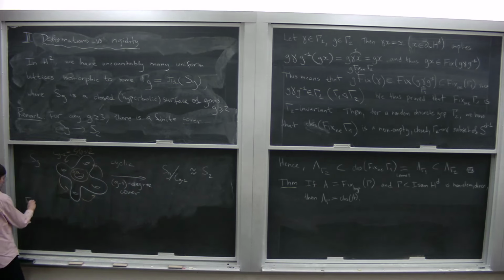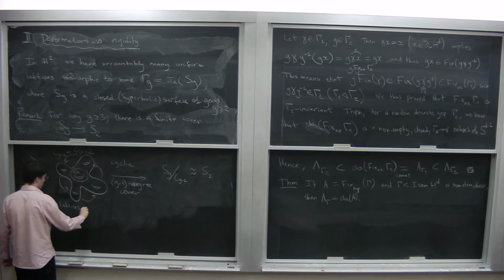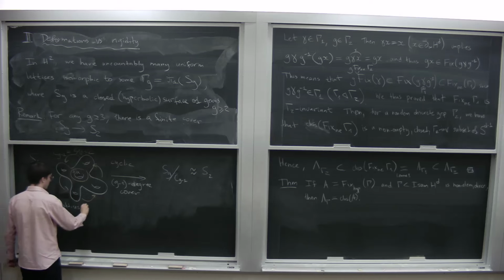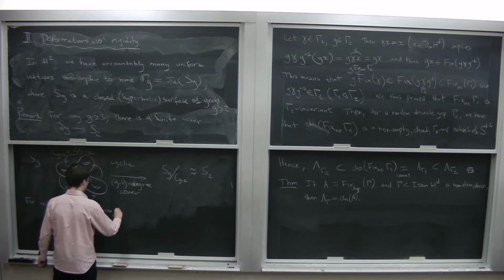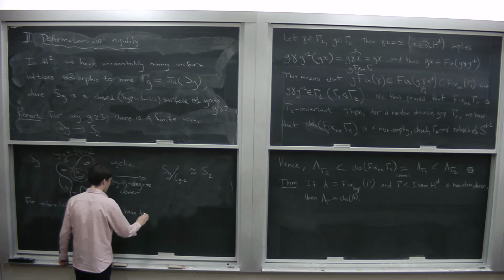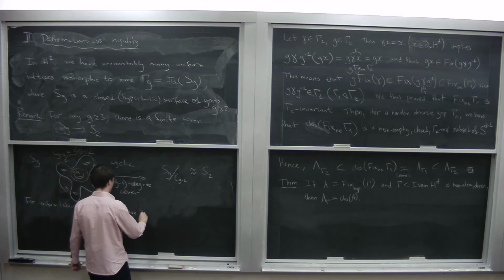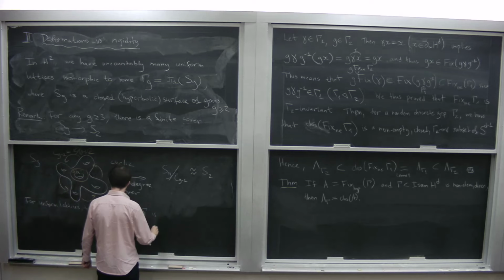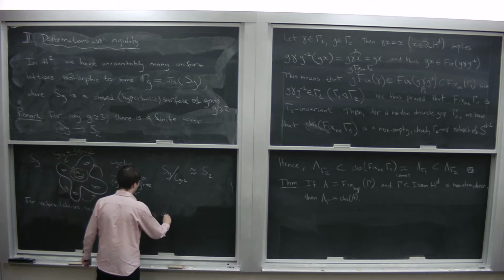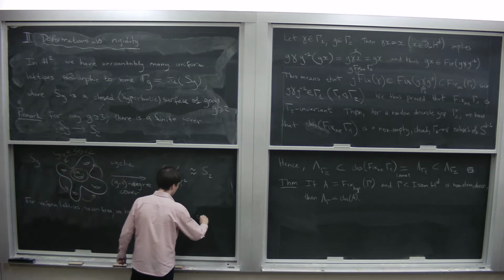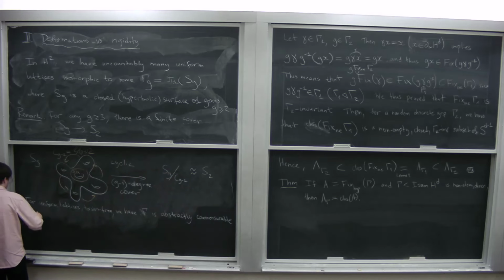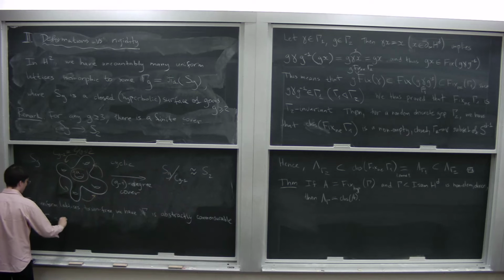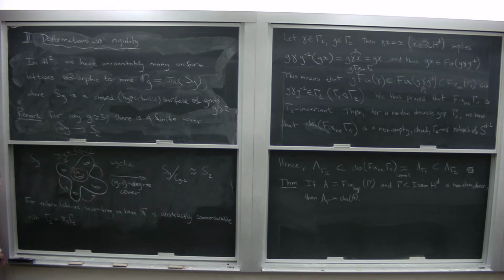So for uniform torsion-free lattices, we thus have that gamma is abstractly commensurable with gamma 2, which is pi 1 of S2, right?